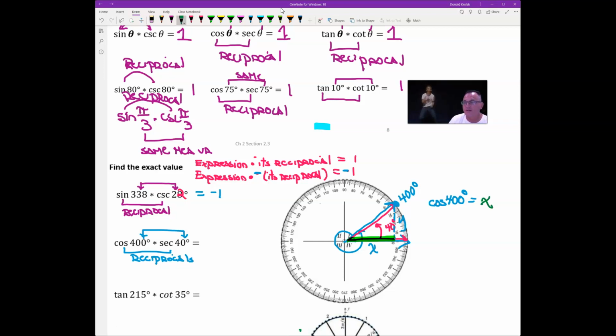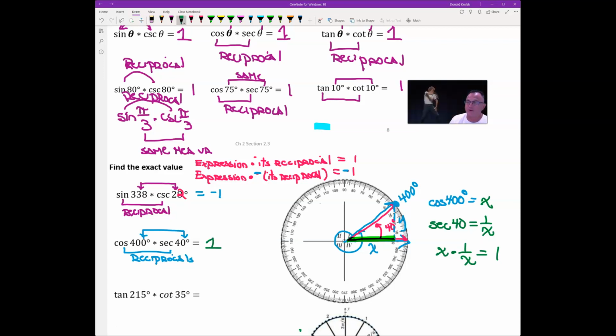Now, if you did the secant of 40, the secant is the x value, but the reciprocal. So in this particular case, when we multiply these, we'd get x times 1 over x, and we know that is going to be equal to 1.